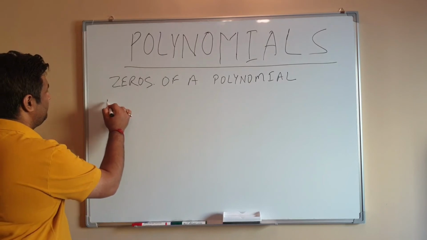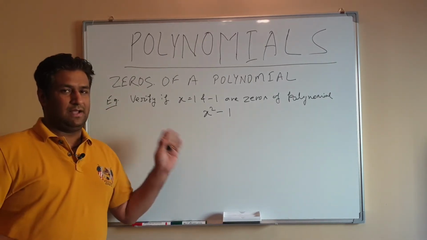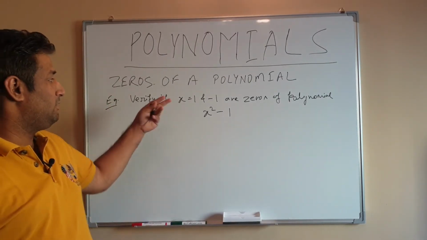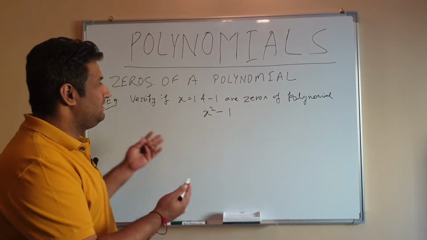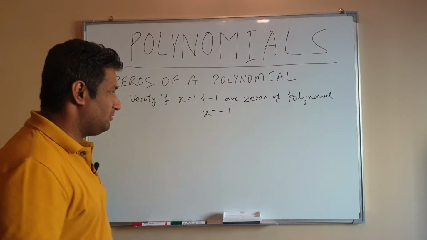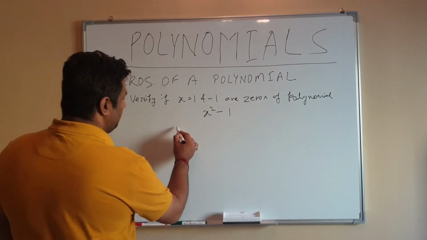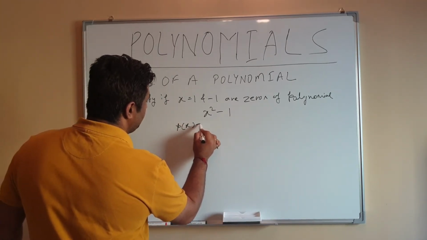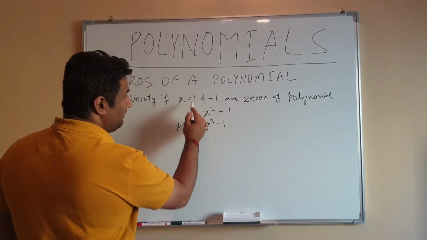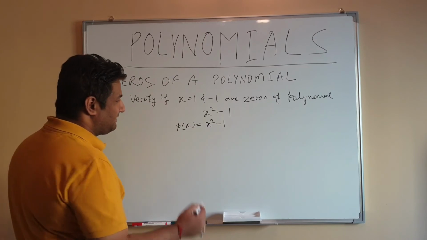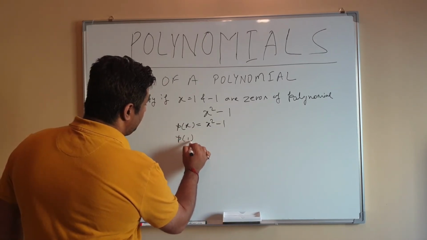So the example here is, we have a polynomial x square minus 1 and we have been given two values, x is equal to 1 and negative 1. So we have to identify whether it is a 0 of the polynomial or not. So what do we do? Simple. First of all, the polynomial term, which is p(x), x square minus 1. First we have to find out the value of the term at x is equal to 1. So you have to write p(1).